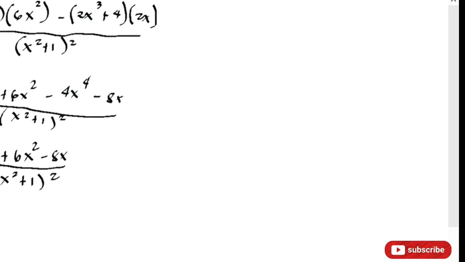Example number 5. If we have y equal to 2 over x plus 3, what is the derivative of this?